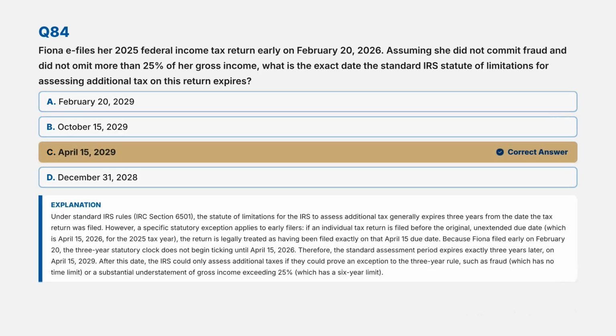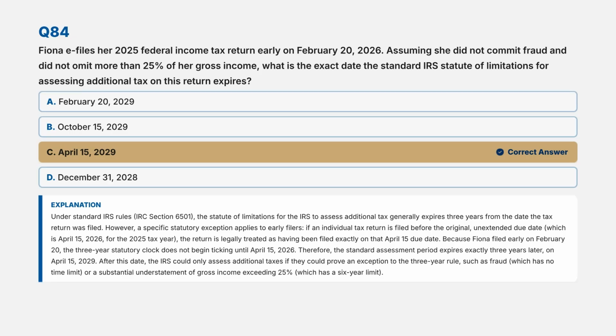The correct answer is C. April 15th, 2029. Under standard IRS rules, IRC section 6501, the statute of limitations for the IRS to assess additional tax generally expires 3 years from the date the tax return was filed. However, a specific statutory exception applies to early filers.